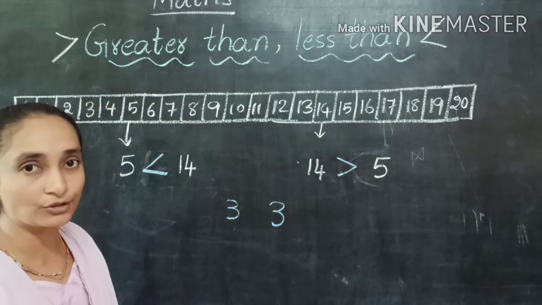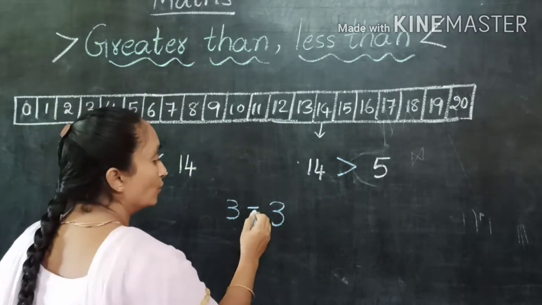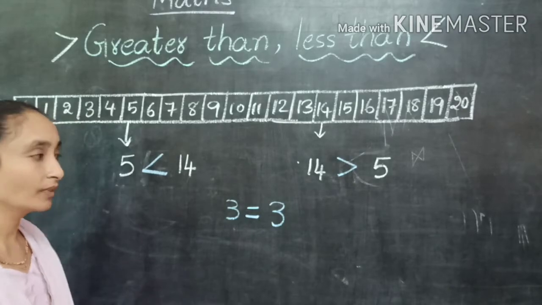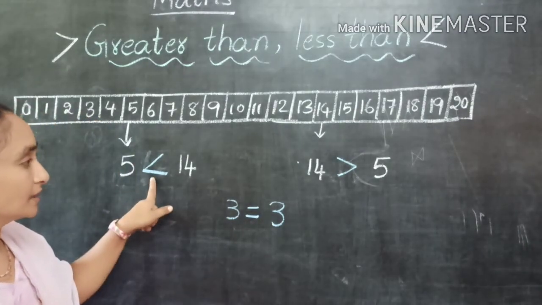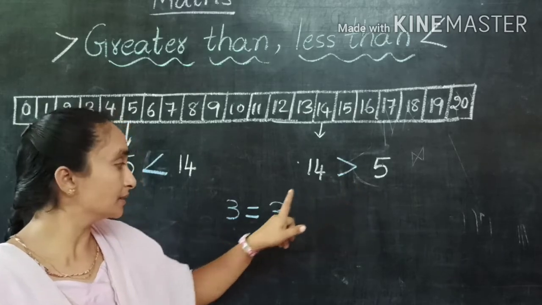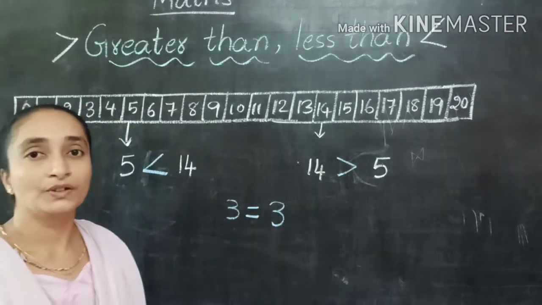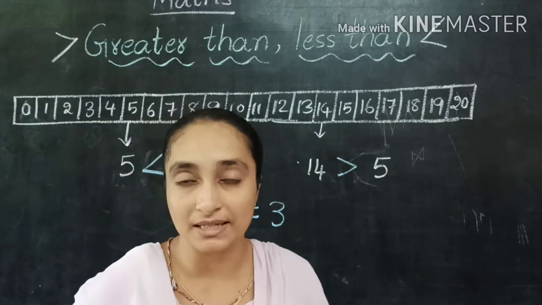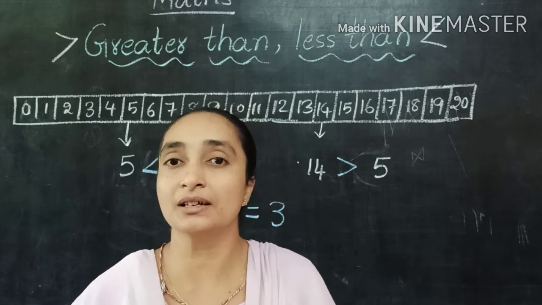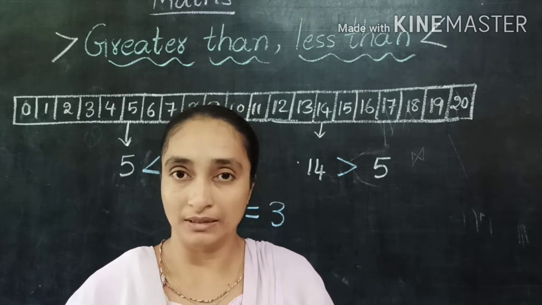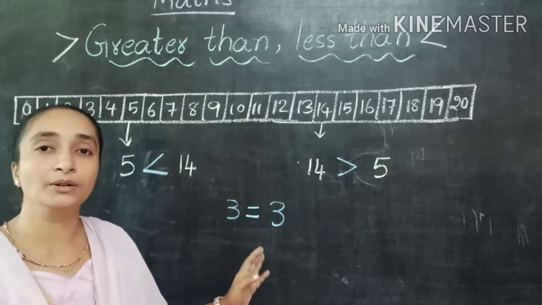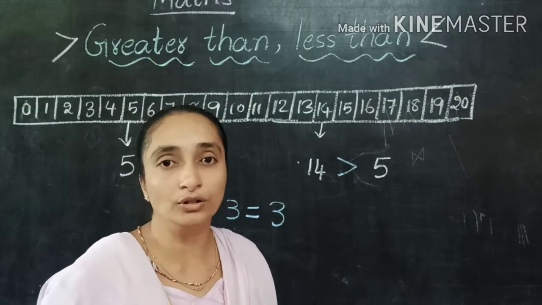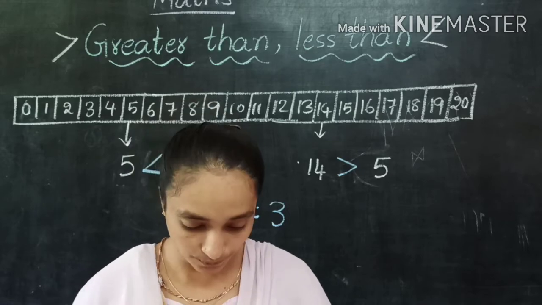So here we have to use the symbol equal to. This is called equal to. Less than, greater than, equal to. These are the three symbols. Suppose if the numbers are the same amount, the same digits, so we can write here equal to. We can denote the numbers as equal to.